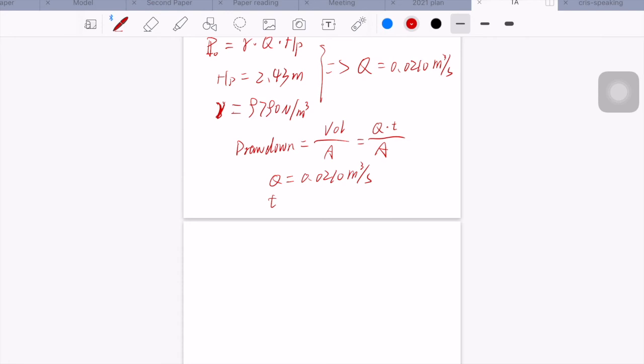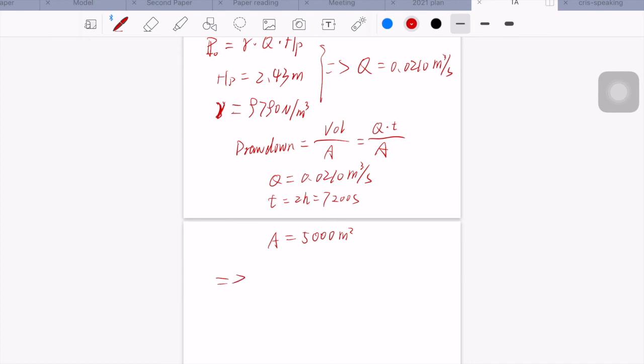So T equals 2 hours equals 7,200 seconds. And we also know the surface area of the lake equals 5,000 square meter.